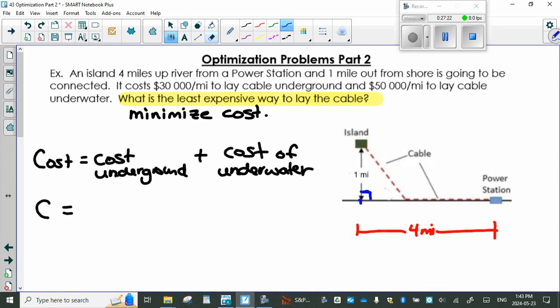And I'm going to have this distance here in blue be x. If this distance here is x, what is the distance from here to here, from the power station to where I'm going to veer off underwater? 4 minus x? Yes?